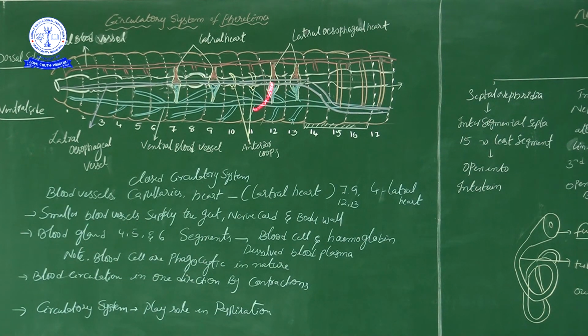These lateral hearts also have particular names. Lateral esophageal hearts. Why did we keep the name lateral esophageal? These lateral hearts are present around the esophagus.